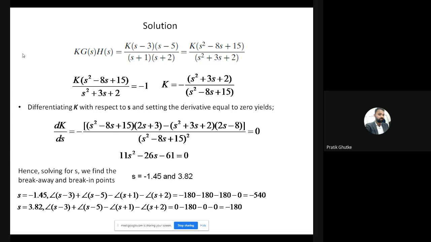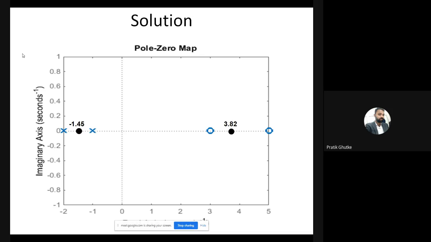Now check 3.82 in a similar way. Put 3.82 wherever there is s. Angle of s minus 3 plus angle of s minus 5 minus angle of s plus 1 minus angle of s plus 2 equals 0 minus 180. So it is coming minus 180. So this is also a valid root.